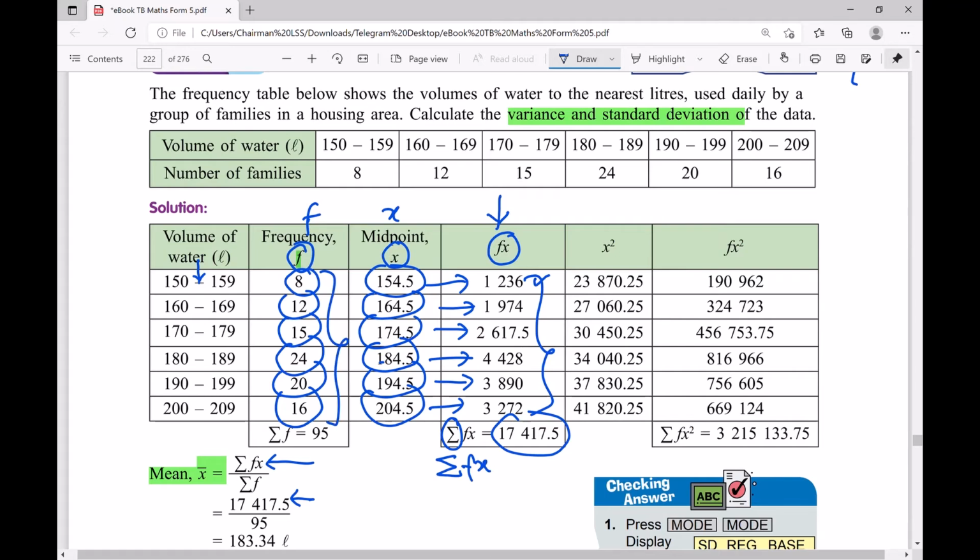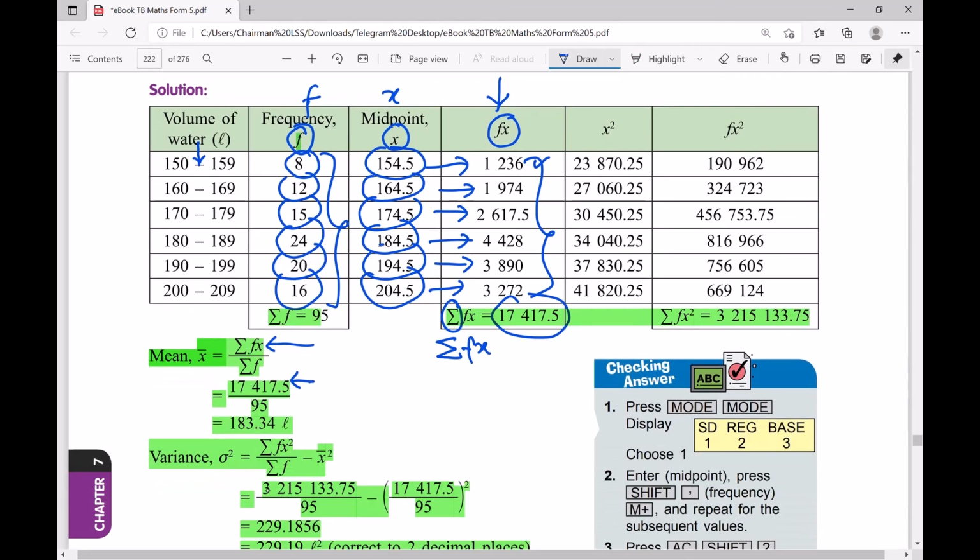This is the sum of fx. So you just divide it, you will get this answer. Okay, so first thing you do is you find the mean.